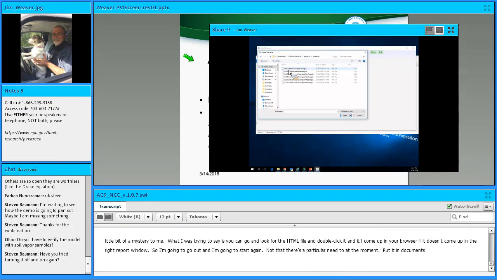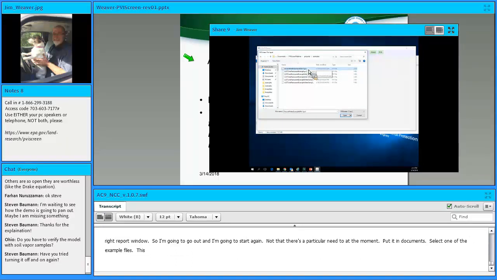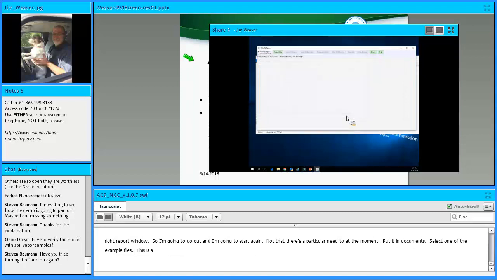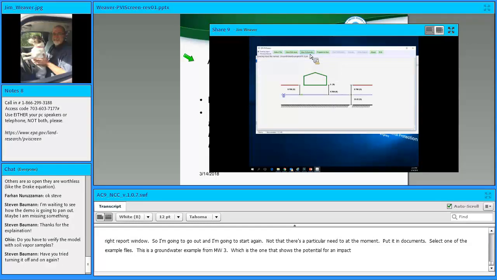Let me select one of the example files. This is a groundwater example from MW3, which is the one that shows the potential for an impact. That schematic, let me run it just to get the results up here.